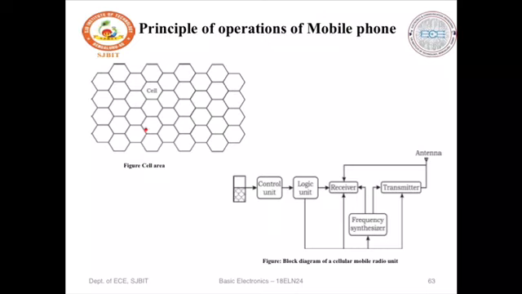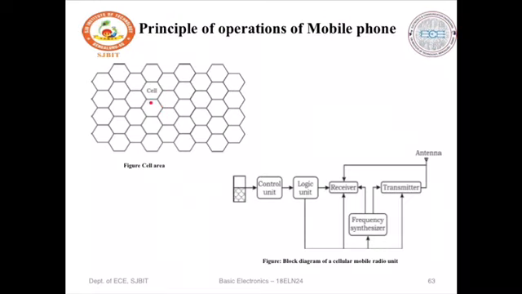It splits the service area into many smaller areas, which are known as cells. You can see in this particular figure, the entire service area is being divided into many smaller areas, which we call cells.